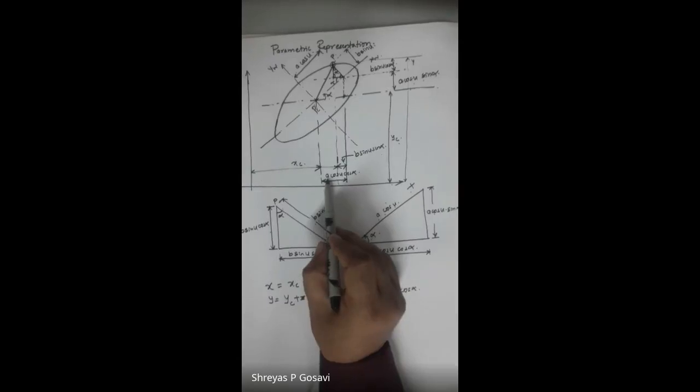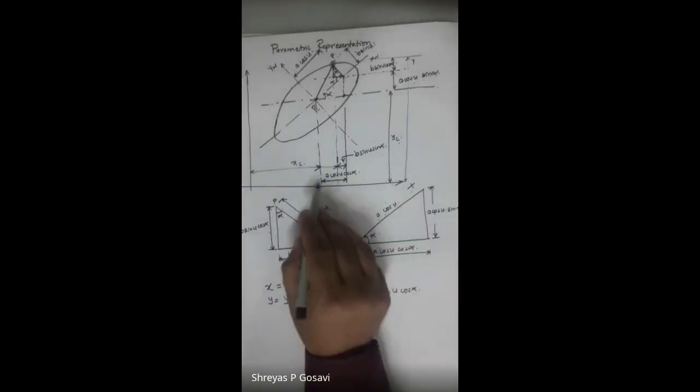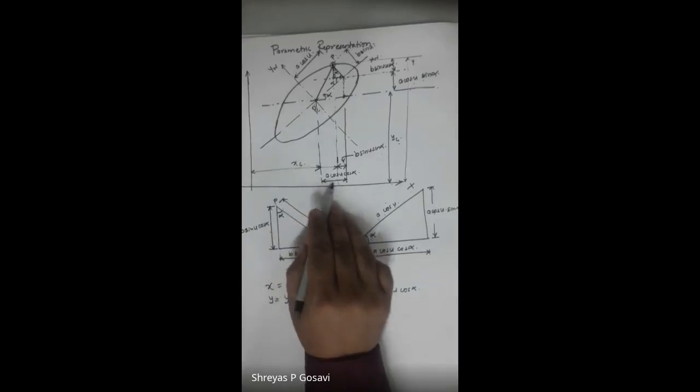So the equation will be xc plus a cos u into cos of alpha minus b sine u into sine of alpha, whereas the z coordinate will be equal to zc itself. There won't be any change in this coordinate.